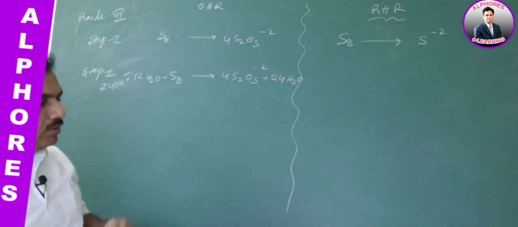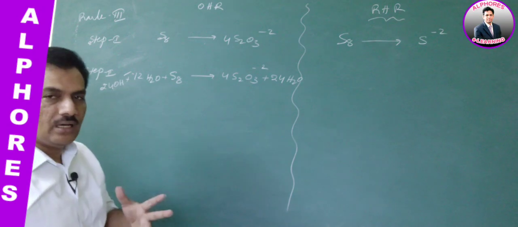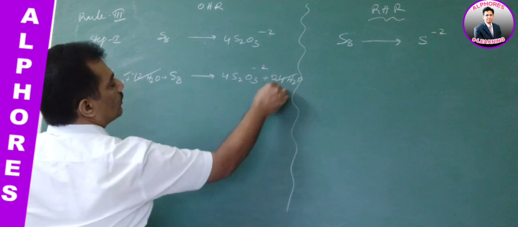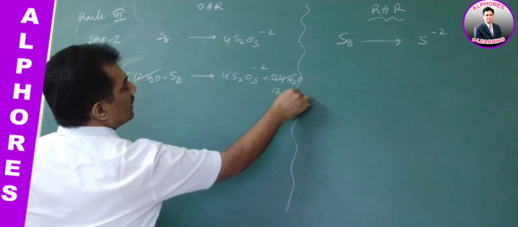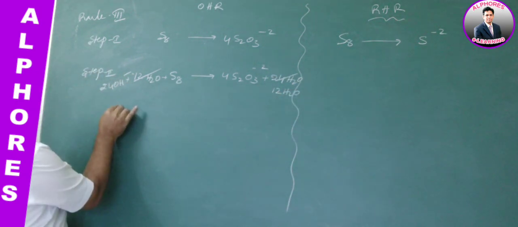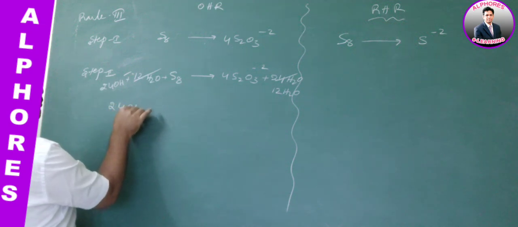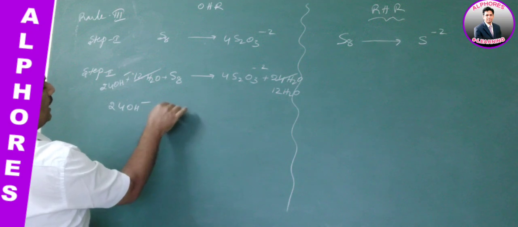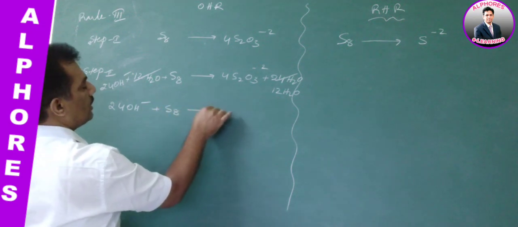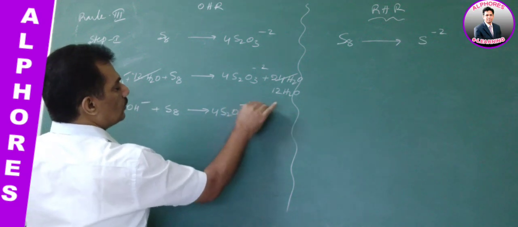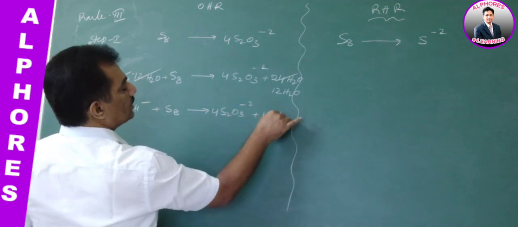Clear? Now we have to take the net H2O. Net H2O is here 12 H2O and 24; 12 cancelled, the remaining is 12. Now the balanced equation for oxygen and hydrogen is 24 OH minus plus S8 giving 4 S2O3 minus 2 plus 12 H2O.